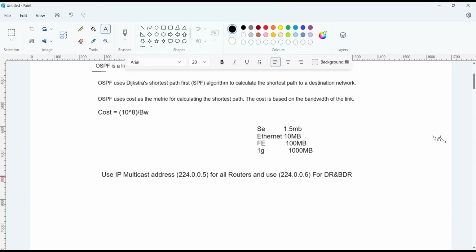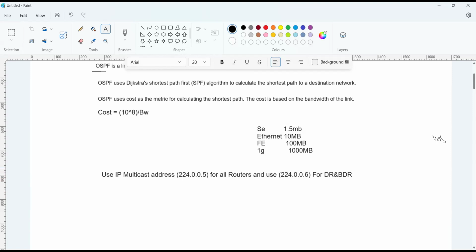All routers receive on 5, and only the DR and BDR send updates with the help of 6.